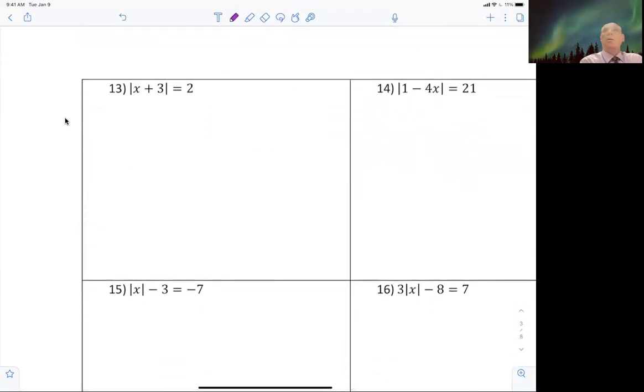13. Okay, how do I start this off? Avery, how do I do this? I have to write both equations first. And then, perfect.